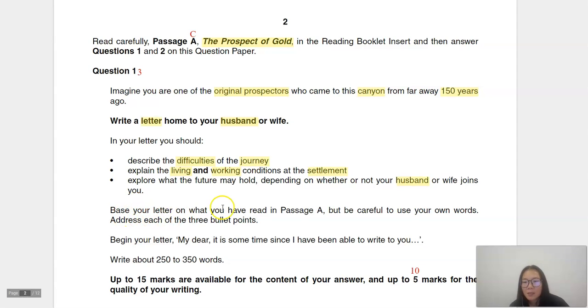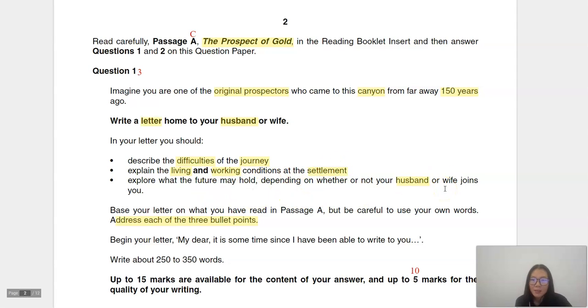All right, so base your letter on what you have read in passage A, and be careful to use your own words. Address each of the 3 bullet points. Here, it's important to note that when they ask you to address the 3 bullet points, you should address them quite equally. You will perhaps find information in the passage quite easily for maybe A1, difficulties of journey, perhaps even for A2, living and working conditions, maybe not so much for A3.